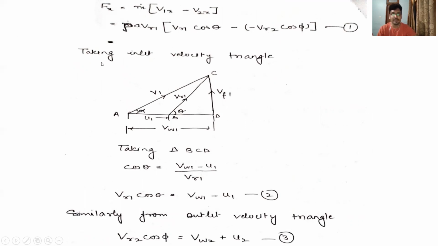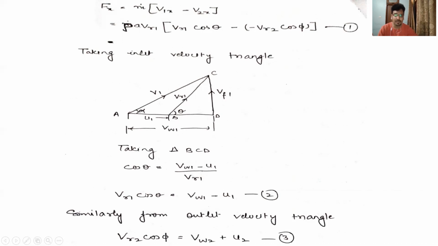So we will take the inlet triangle first. This is the inlet triangle. Now from this we can see that taking triangle BCD, cos theta equals VW1 minus U1 divided by Vr1.